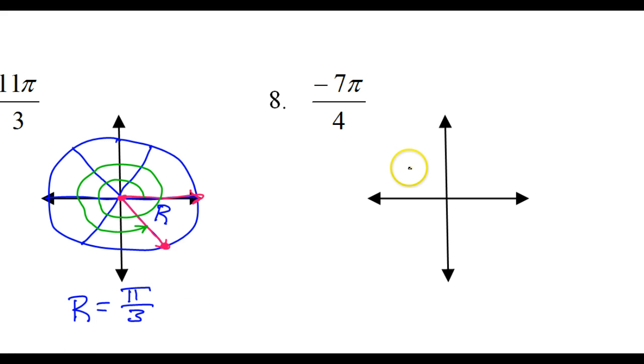Once again, they were kind enough to give us a special angle. Pi over 4 is the reference angle. When they give you radians like this, and they give you one of these special angles, I can tell you right now that the reference angle is going to be pi over 4.